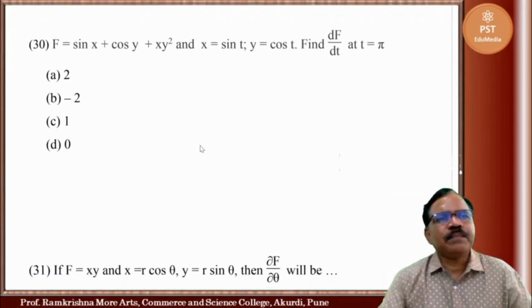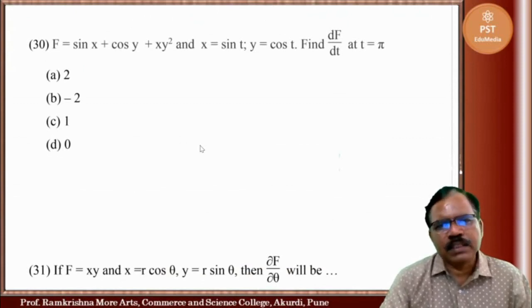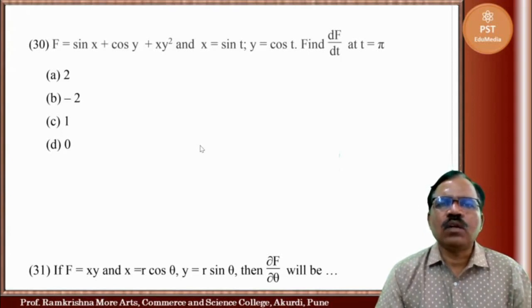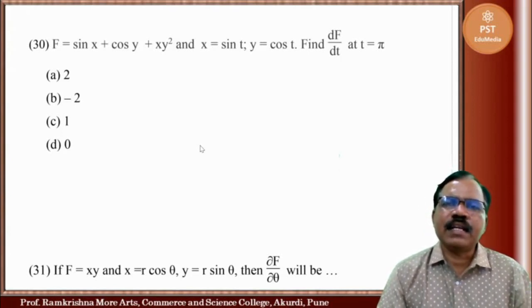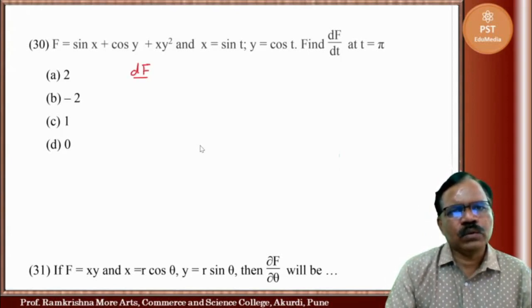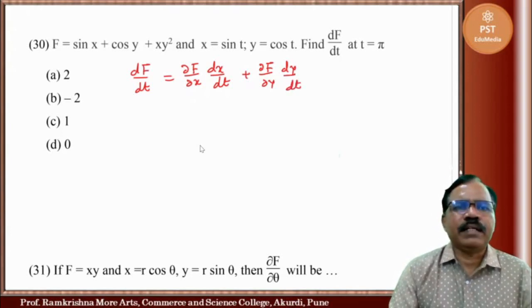Now next one, if f is equal to sin x plus cos y plus xy square, and x is equal to sin t, y is equal to cos t, find df/dt at t is equal to pi. Now what is df/dt? We have to use the chain rule, that is ∂f/∂x into dx/dt plus ∂f/∂y into dy/dt.